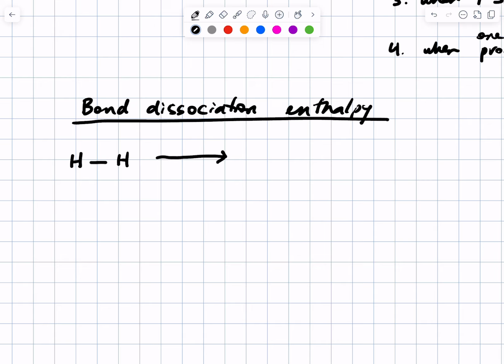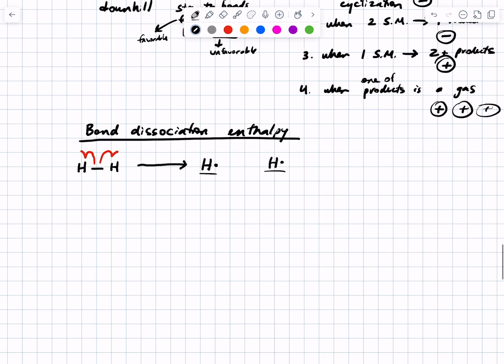you break a bond. So for example, if we convert hydrogen, H2, into two separated hydrogen atoms, you apply a bunch of energy, you break the bond between the two atoms, then you end up with two hydrogen atoms. The change in enthalpy for that reaction is called the bond dissociation enthalpy.